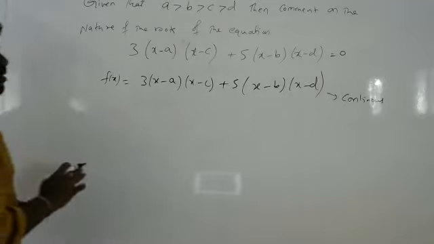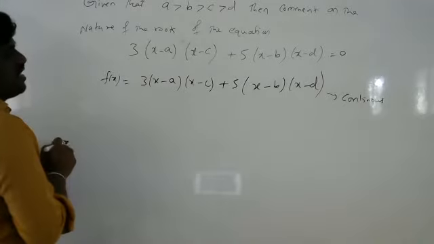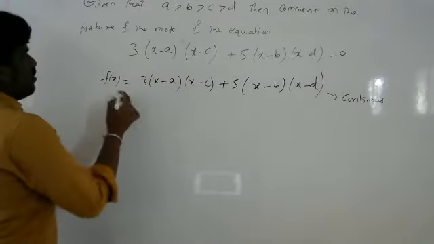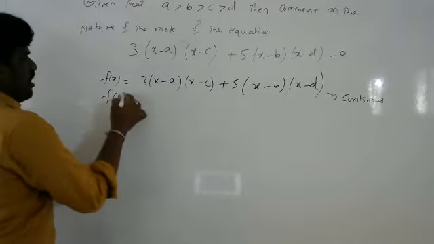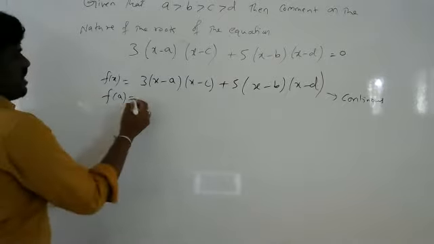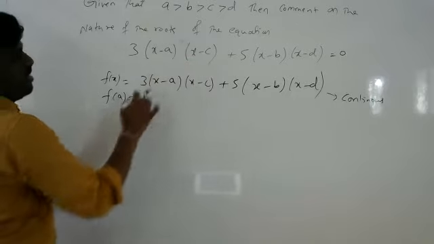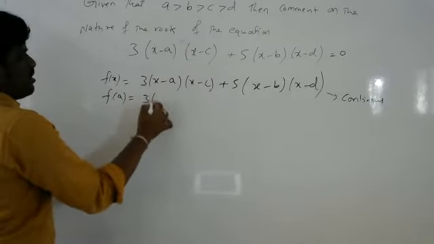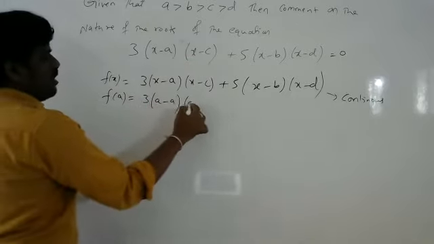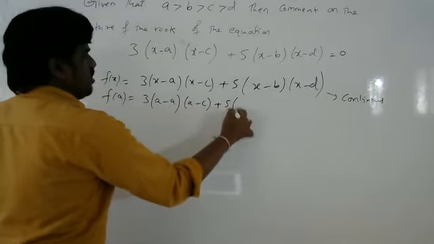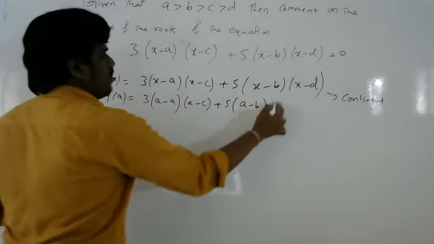Now I can substitute and find f of a. If I substitute, f of a is 3 into (a minus a) into (a minus c) plus 5 into (a minus b) into (a minus d).